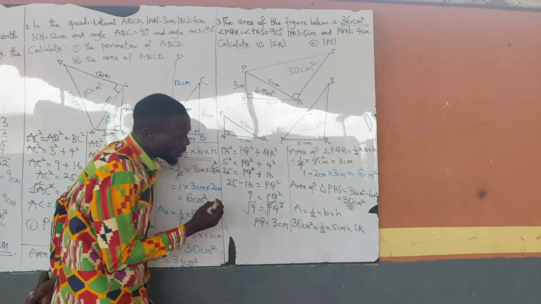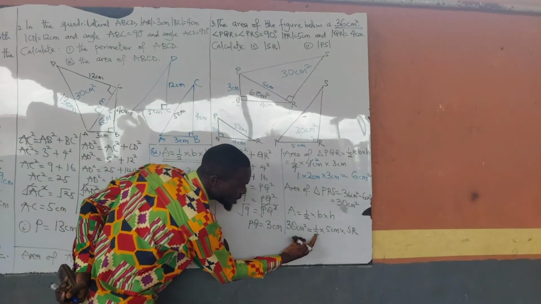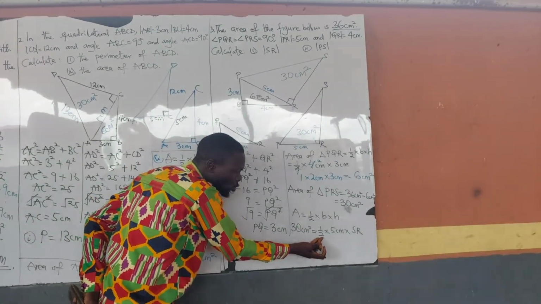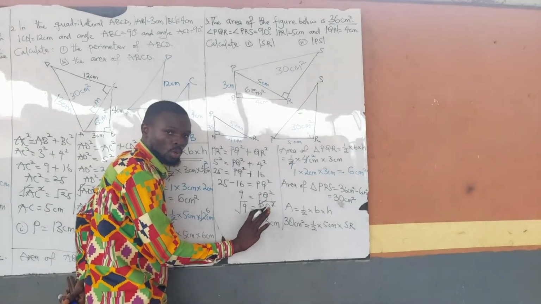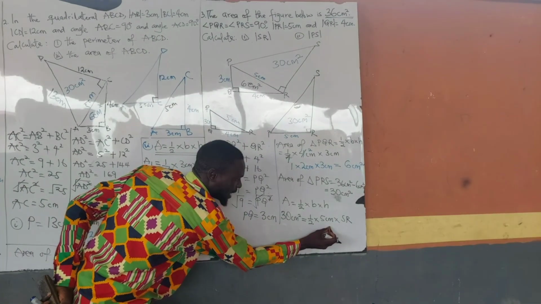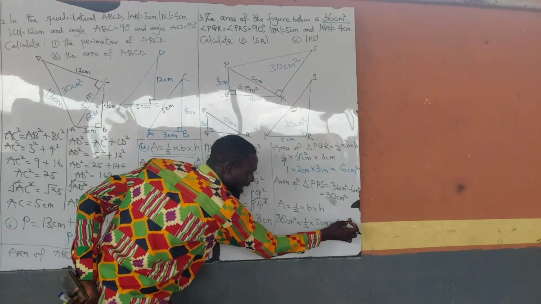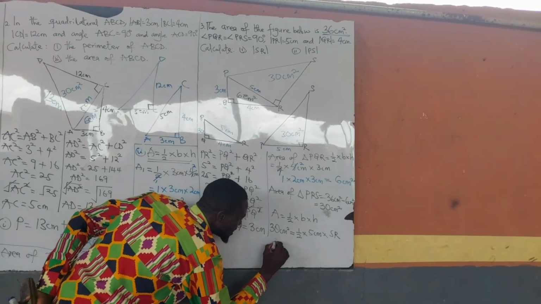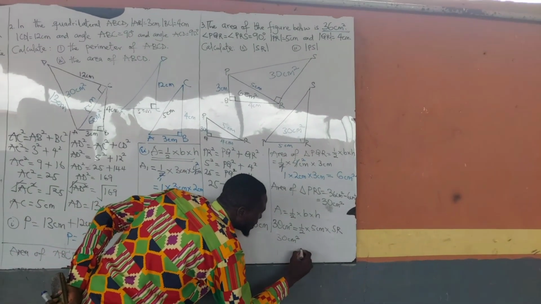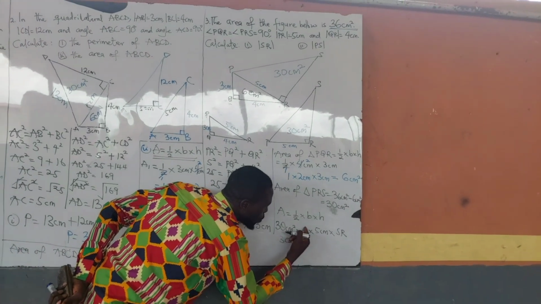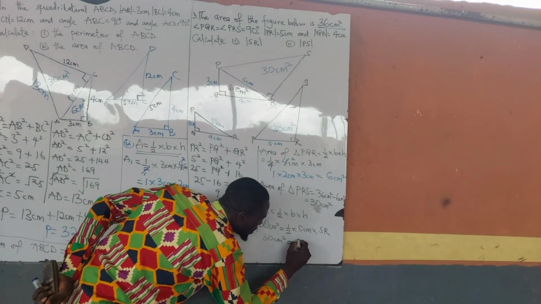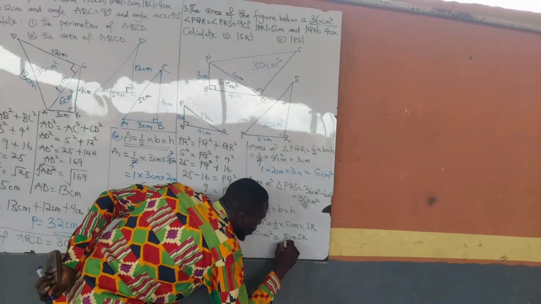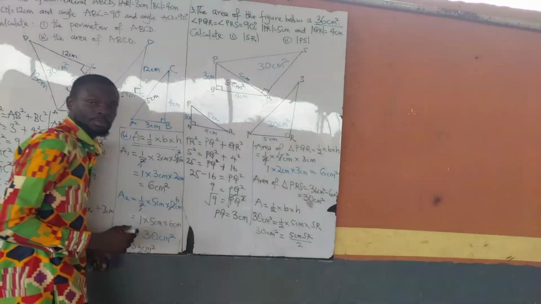Since 2 cannot cancel any of this, please do not say that 2 will cancel the 30. No. This is multiplying. So we can only cancel here. But since the 2 cannot cancel, we will multiply and say 30 centimeters squared is equal to 1 times 5 centimeters SR all over 2.